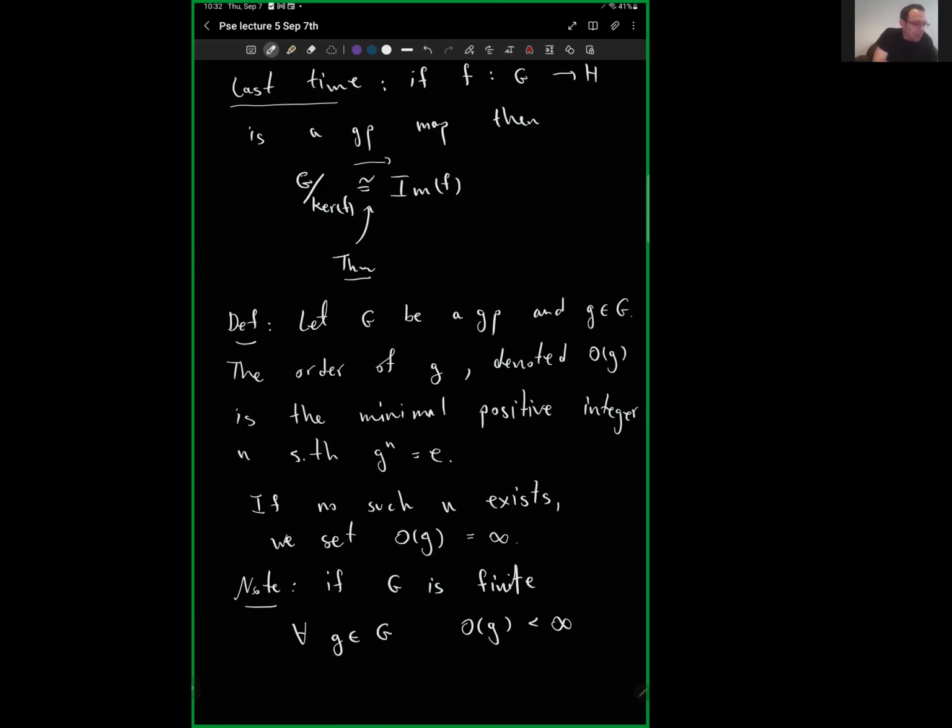At some point, you have to get elements that you already expressed in lower powers because G is finite.